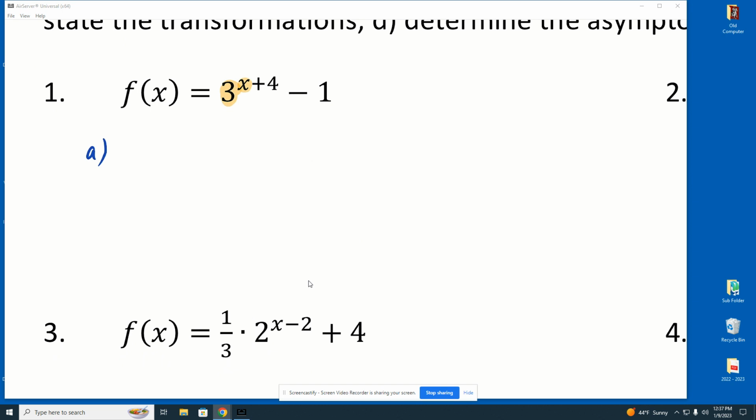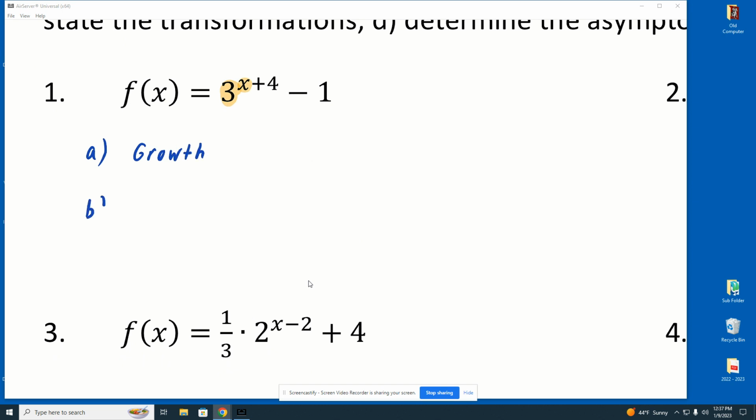What's this one? How do we know? Is there such thing as equal to 1 in an exponential? Okay, so greater than 1 means what? Growth. And less than 1 means decay. So what's this one? Definitely growth.